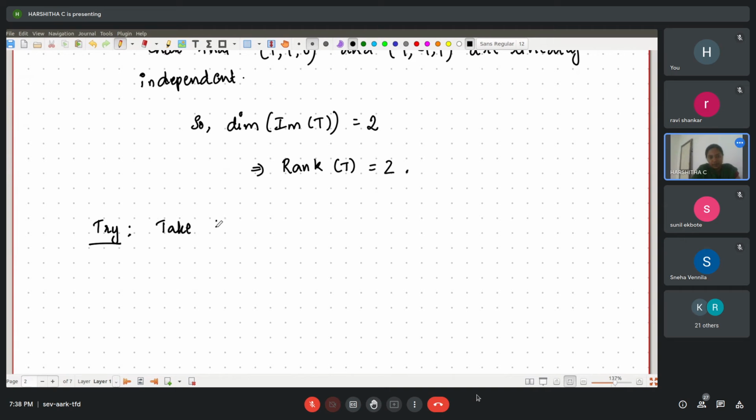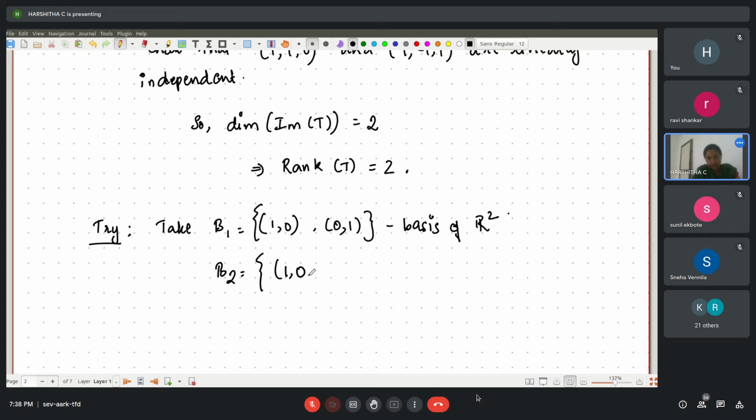Take B1 as 1, 0, 0, 1. It's a basis of R2. You have a basis of R3.